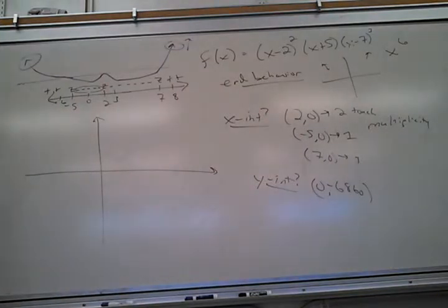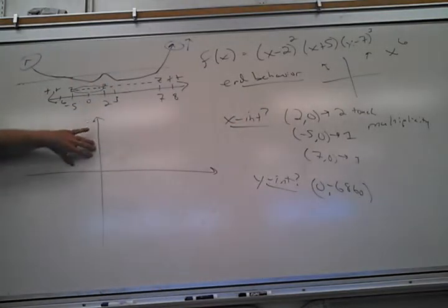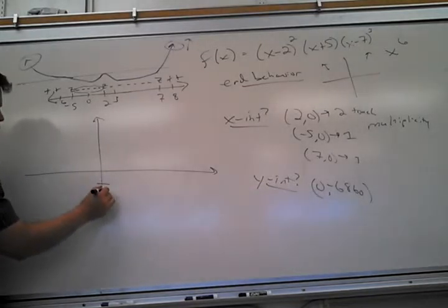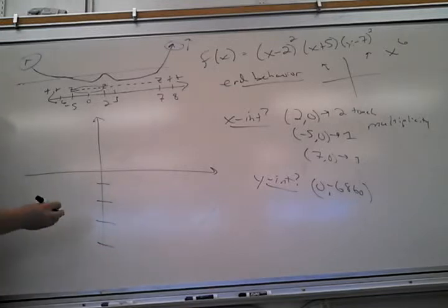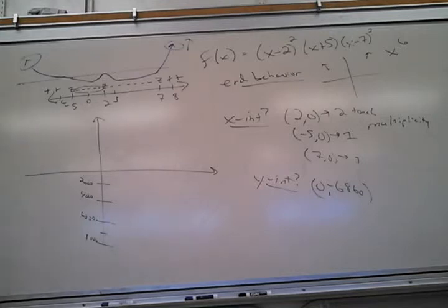One big part of this will be you have to pick an appropriate scale. You obviously are not going to always want 1, 2, 3, 4, or else you're going to be on the floor taping pieces of paper together just to get to your y-intercept. That's crazy. So you want to pick a good scale. I want to be able to go down to like 8,000, so maybe 2,000, 4,000, 6,000, 8,000. There's 7,000, 8,000. What did you say 0 was at?